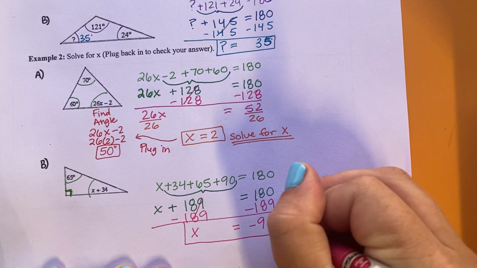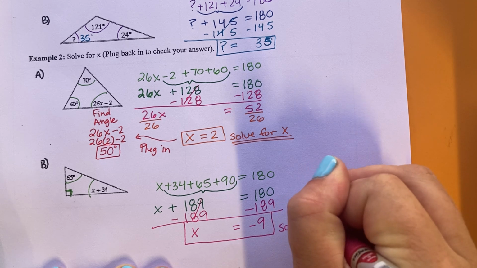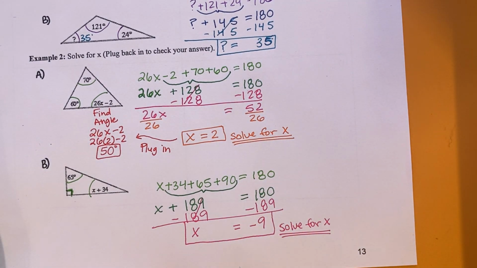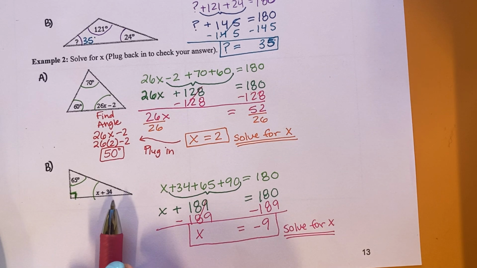Now x is fine being negative. Okay, so we solve for x. X is fine being negative. This angle right here should not be negative.